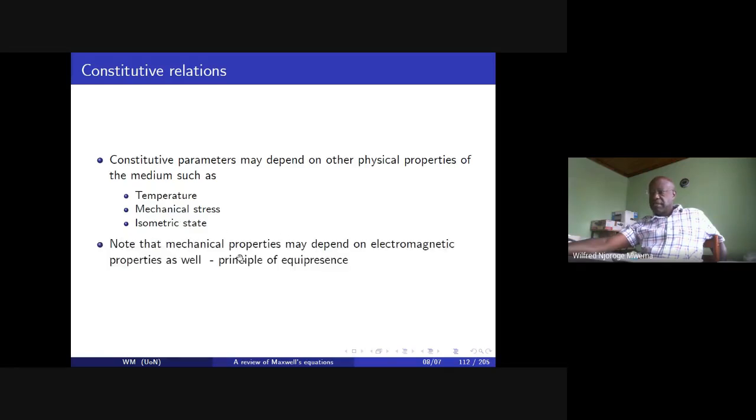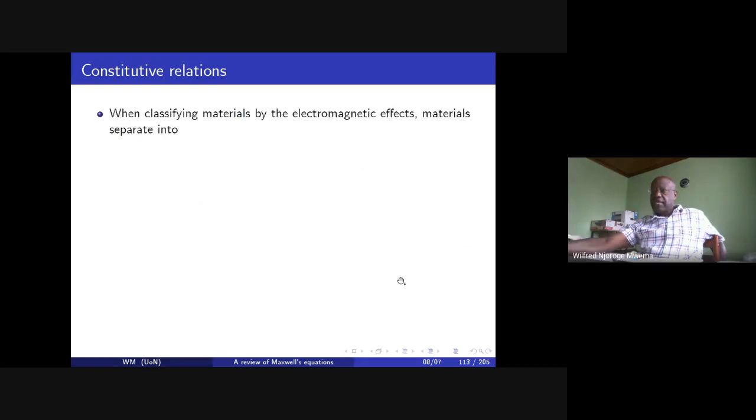And we note that mechanical properties may depend on electromagnetic properties as well. That is, piezoelectricity is reversible. We can apply an electric field to a crystal and cause mechanical strain, or we can place a mechanical strain on the crystal and generate electrical charges. And this is what is called the principle of equipresence.